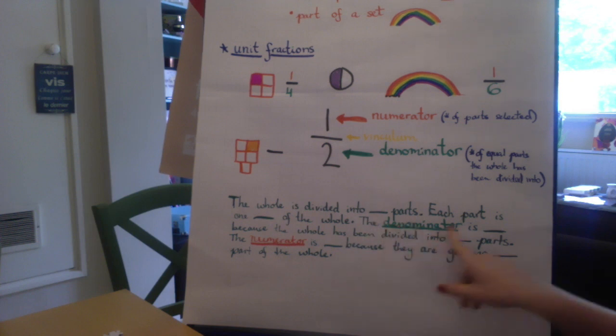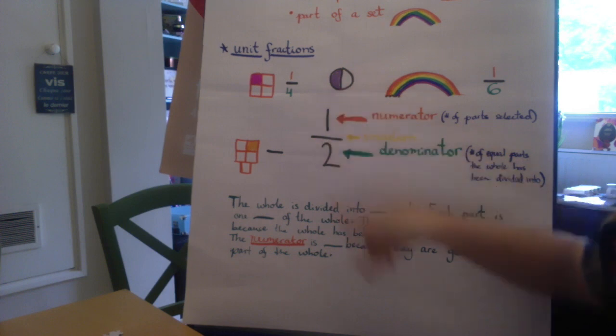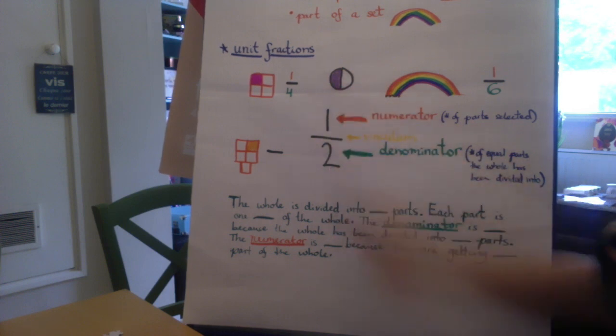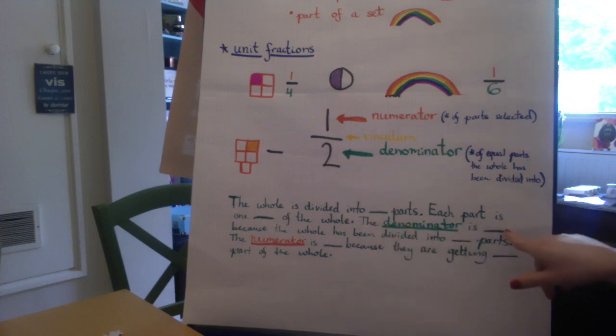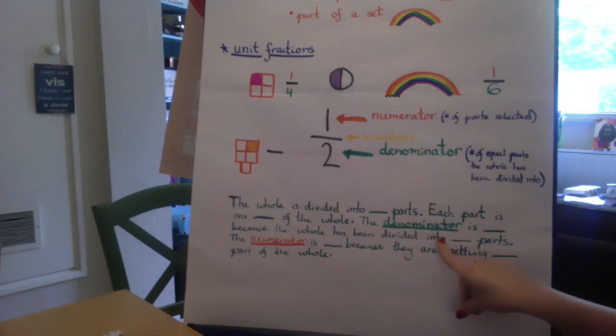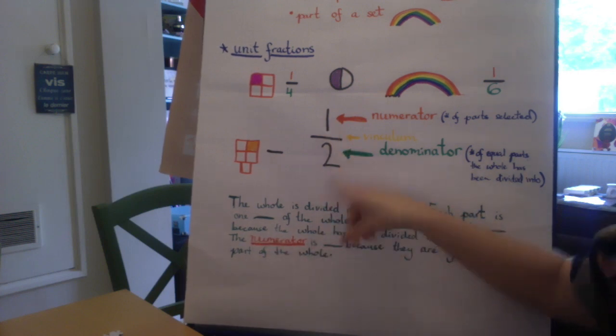The denominator is, so here, the denominator is it 1 or is it 2? It's 2. The denominator is 2 because the whole has been divided into 2 equal parts in this case. The numerator is 1 or 2? 1.